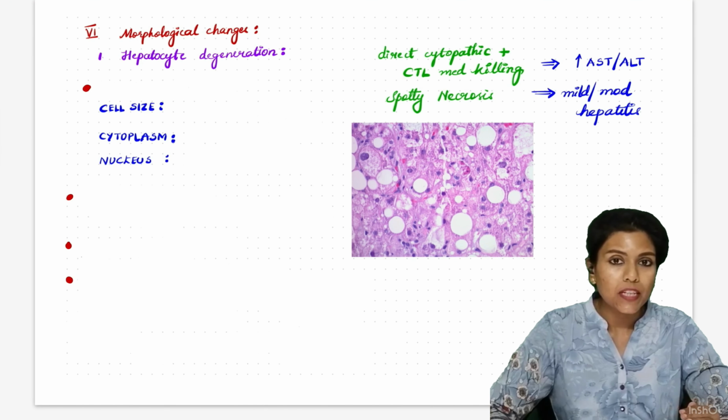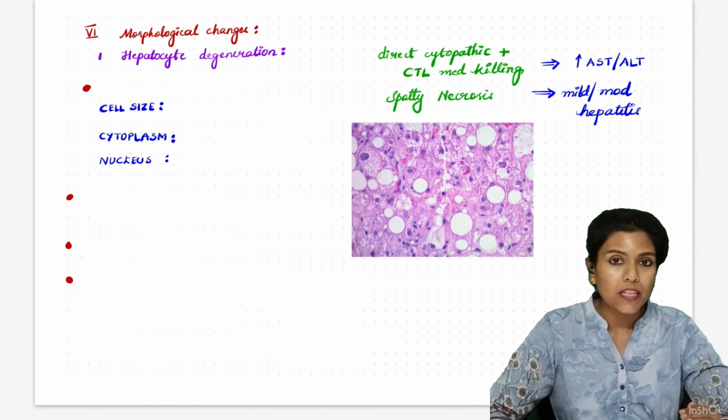For example, this is a normal hepatocyte with cell outlines and a central round nucleus. Here the hepatocyte has increased in size, the nucleus is displaced to one side, and the cytoplasm has become pale. So overall, it has swollen up. This is called a ballooned hepatocyte.